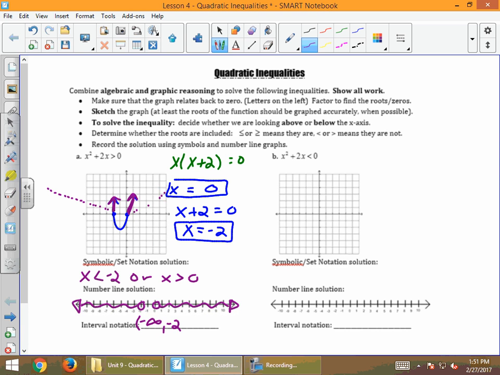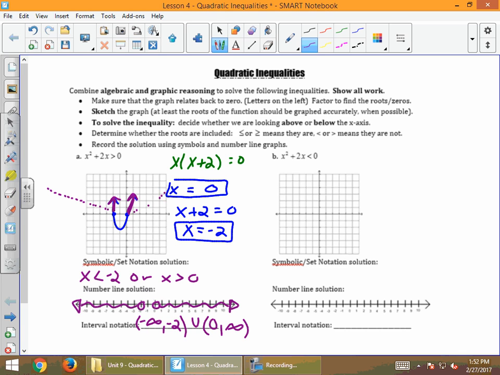Always put a parenthesis around infinity. No line underneath an open dot, so we have to put a parenthesis around the number. There's a gap, so we put that U. Kind of stands for or. And then where do we start? Open circle, parentheses around the 0, always around infinity. There we go.